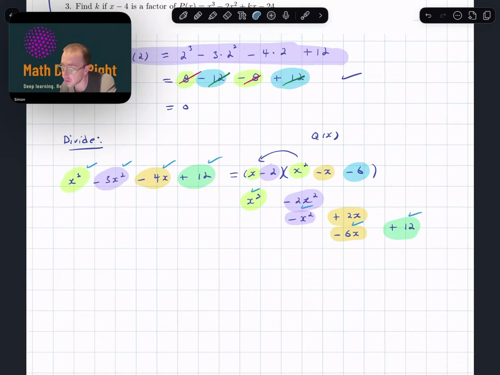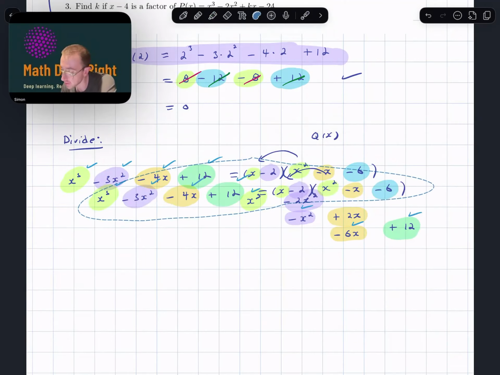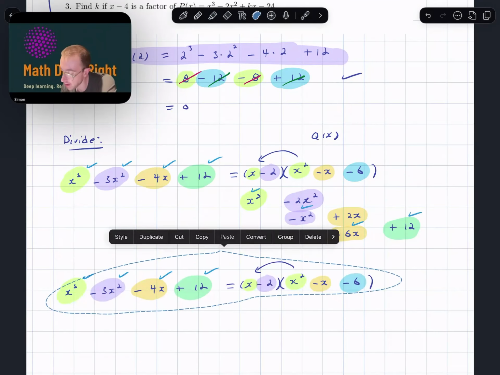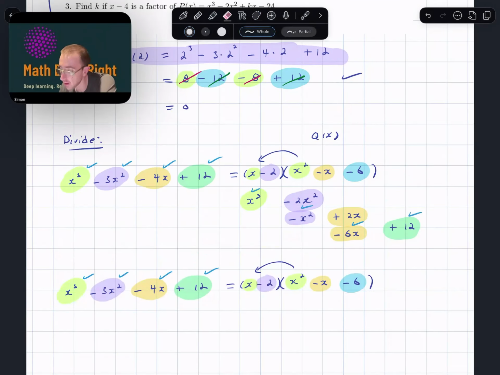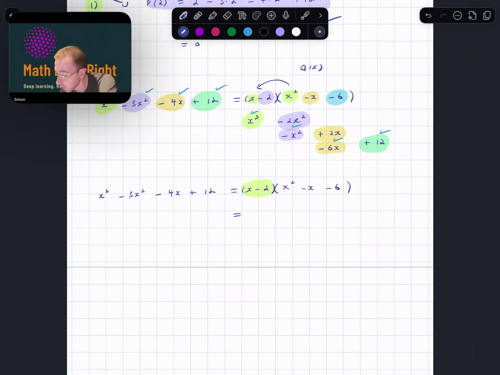So our final division statement for this is going to be, and now we've factored this cubic down to a linear term and a quadratic, and we can continue to factor the quadratic. What's that going to be equal to? Well, if you haven't seen the videos on factoring quadratics, do take a look at those, but we can see this if we've done a ton of practice, you start to see them.